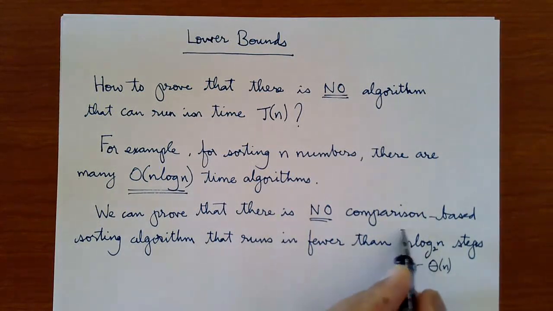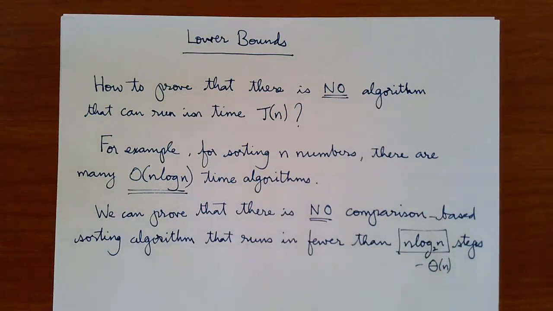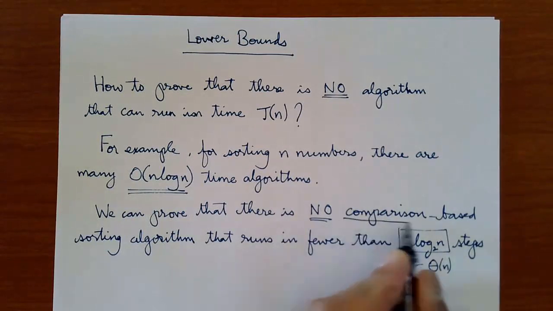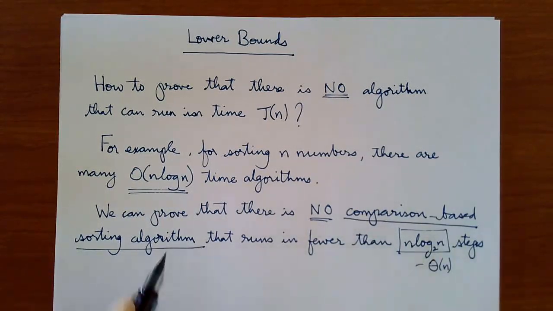But the point is, you can actually prove that n log n is the right bound for comparison-based sorting algorithms.